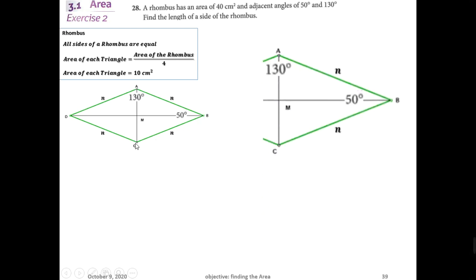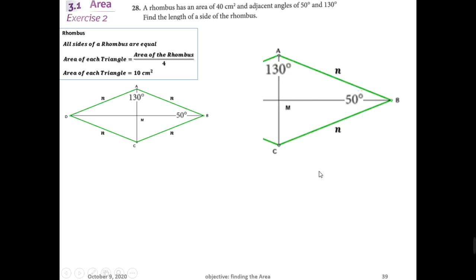So if the whole rhombus is 40, then each triangle has an area of 10 centimeters squared. Let's enlarge this triangle here, ABC. If we enlarge it, as you can see, we have a big triangle ABC, and inside I have two right angle triangles.